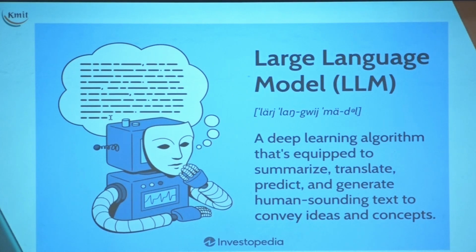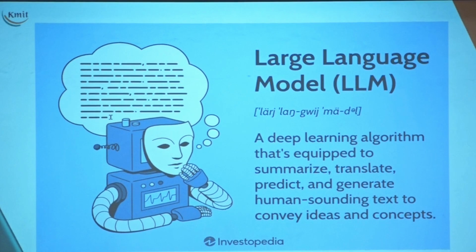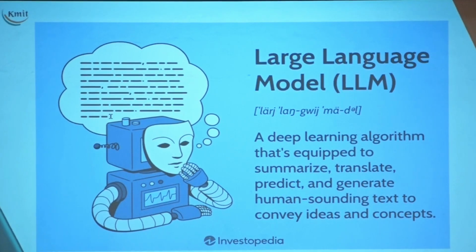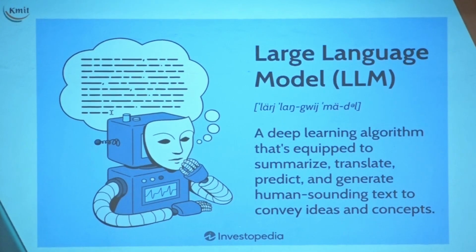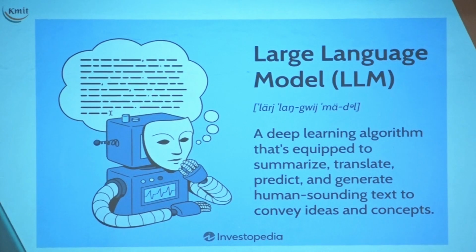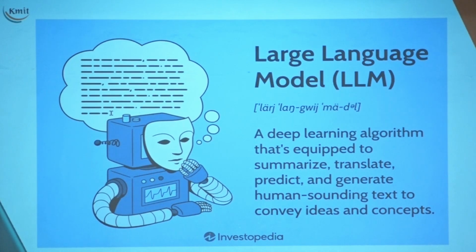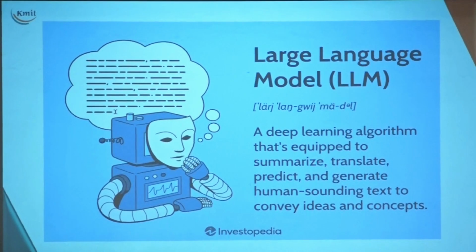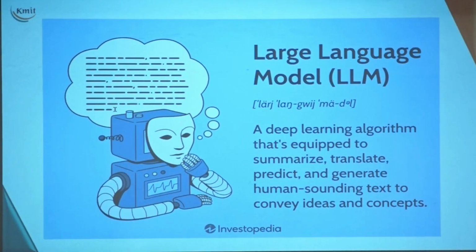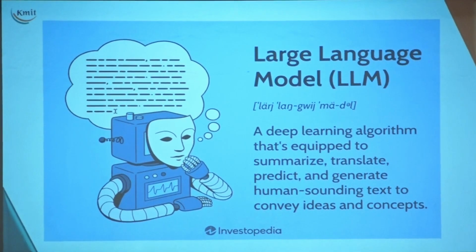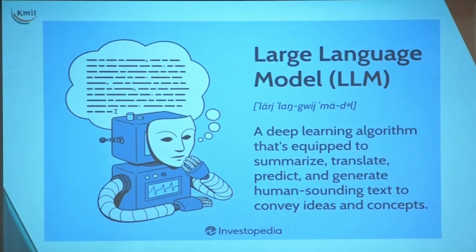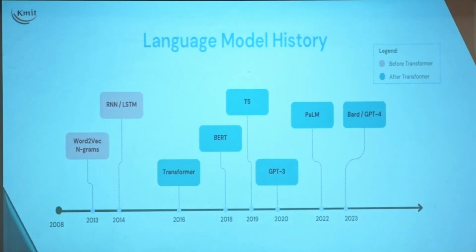Normal deep learning models just do prediction, whereas large language models not only do prediction but also summarize the data, translate the data, and generate human-sounding text to convey ideas and concepts. This is how language models have evolved.